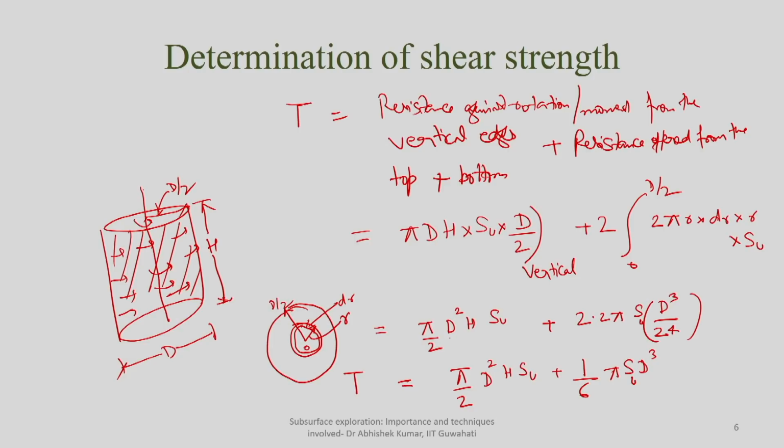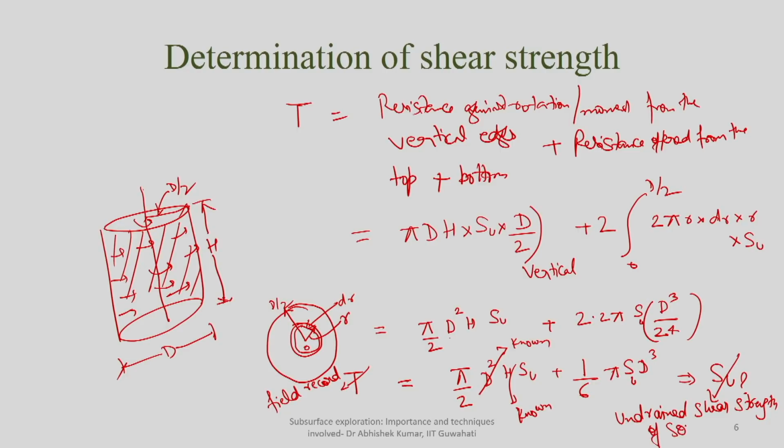So, this is equivalent to torque. If you know the torque for a known value of d, which will be the setup property, a known value of height of the vane, and the torque you are getting from the field record, you will be able to determine the value of S, that is, the undrained shear strength of soil.